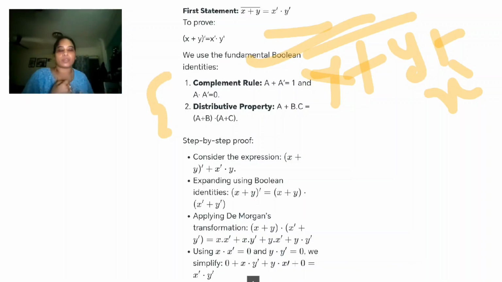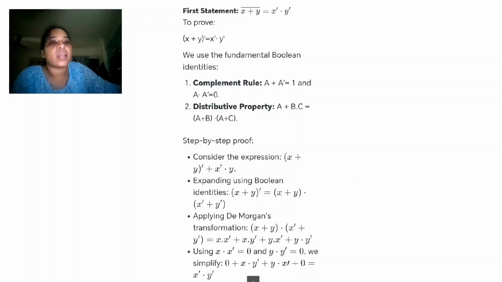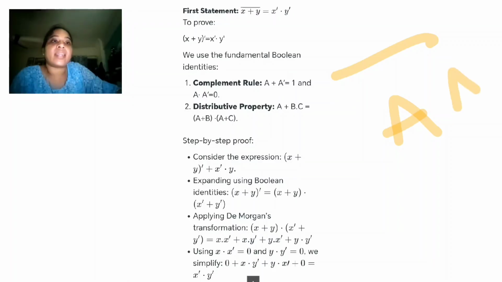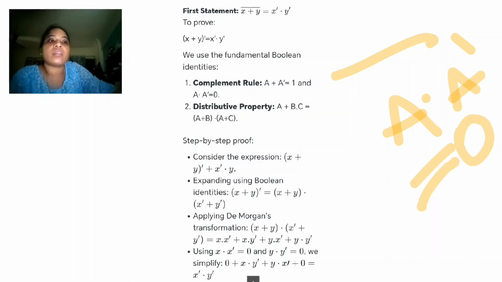First rule is the complement rule, another one is the distributive property. The complement rule means here you can see a plus a dash equals 1, whereas a dot a dash gives the value 0. If the operator is plus you get the value 1. If the operator is multiplication you get the value 0. This is the rule of complement.